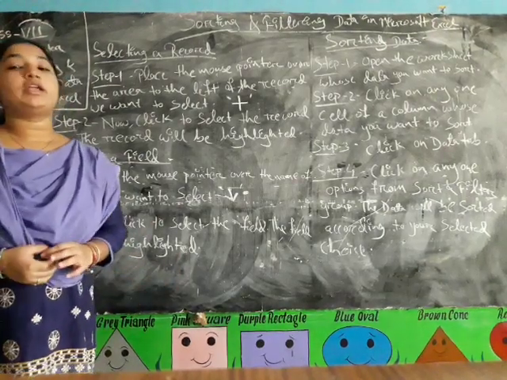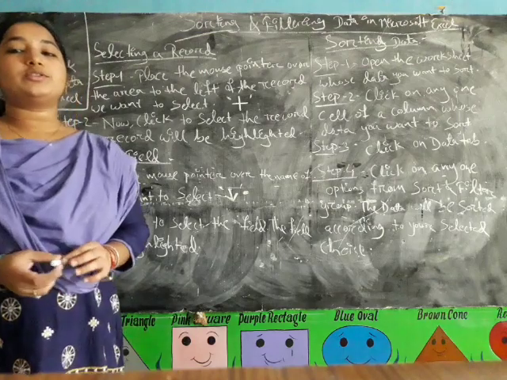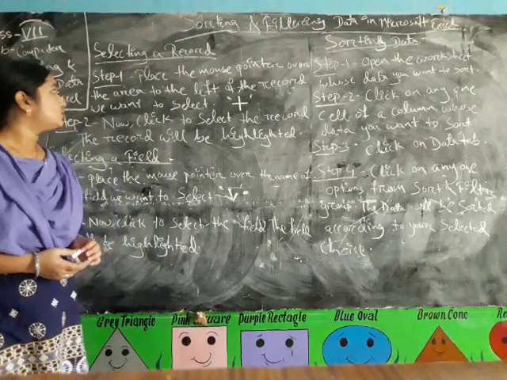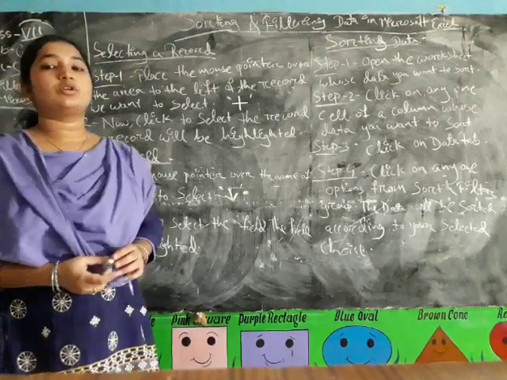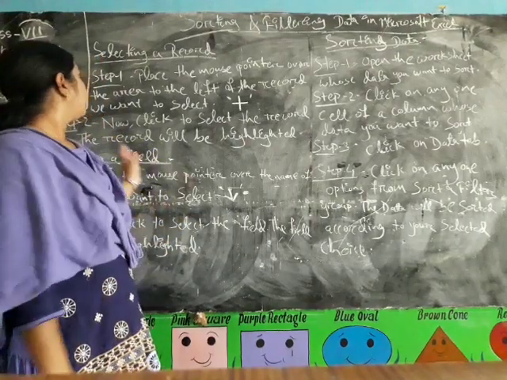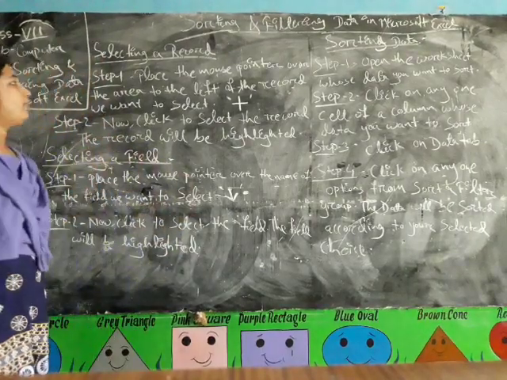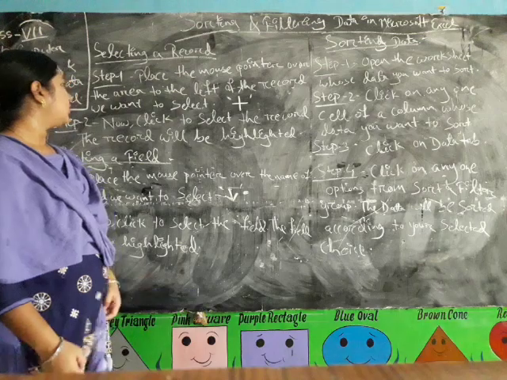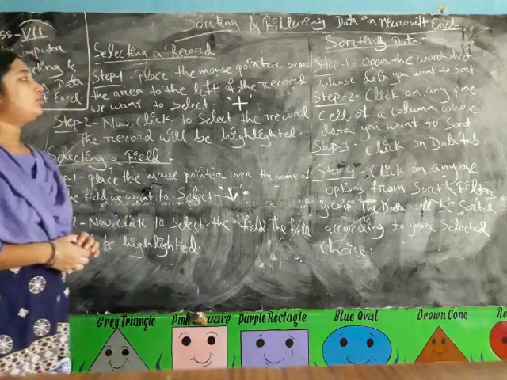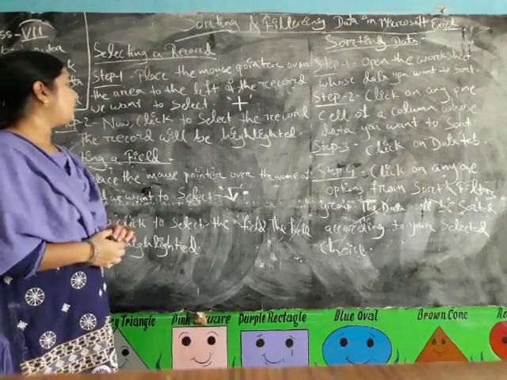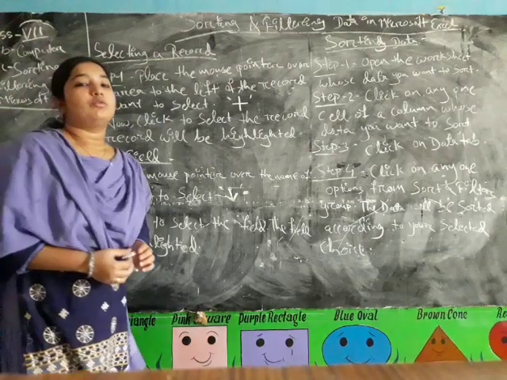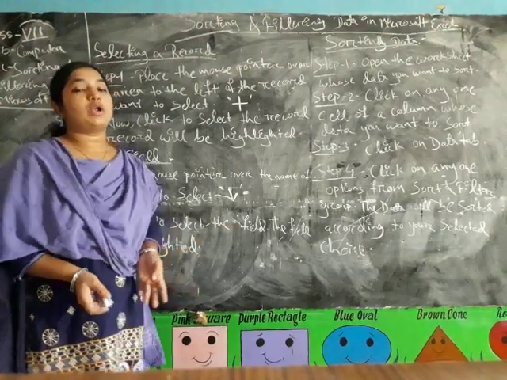For sorting and filtering, first we have to select a record. So what are the steps to select a record? Step one is to place the mouse pointer over the area to the left of the record we want to select.